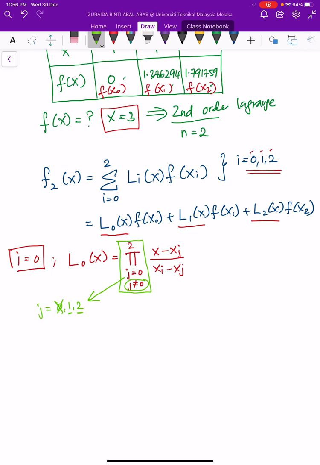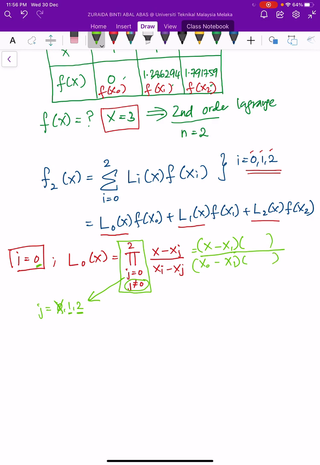So it's going to be x minus, this time around our j is equal to 1, so x1, and our i is 0, so that's x0. Remember that we need to multiply this.